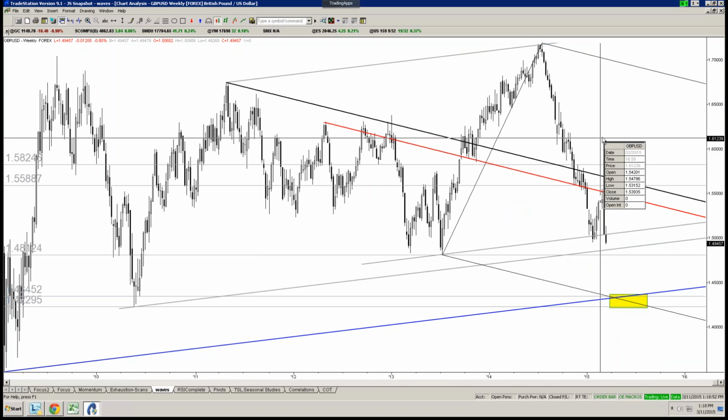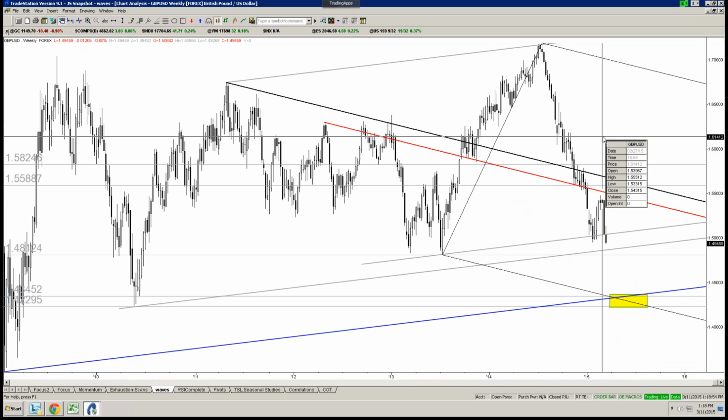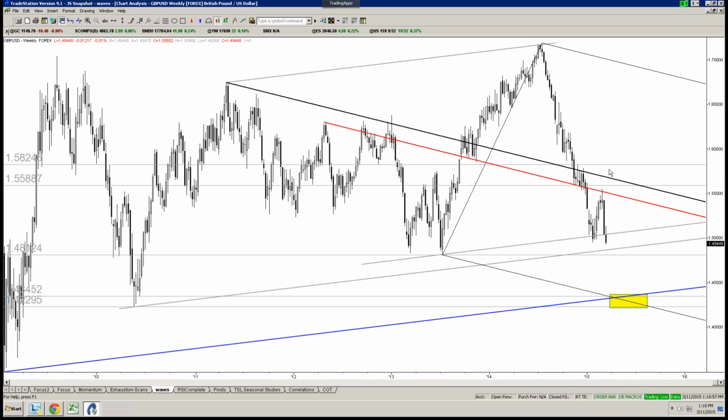Well, after trading up to 155.50, it appears that we're on our way to 143.50. In fact, we're cracking this support here now.